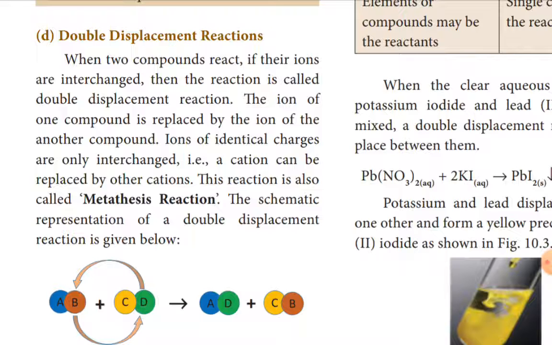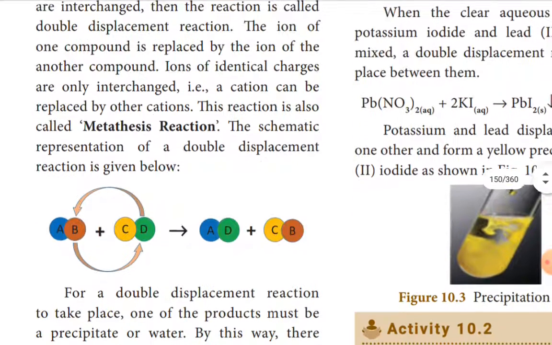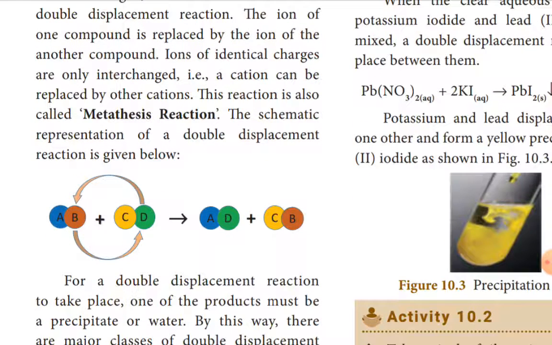The schematic representation of double displacement reaction is, here see, given two compounds, AB plus CD. AB is one compound, CD is another compound. In compound AB two elements are there, and in compound CD two elements are there.